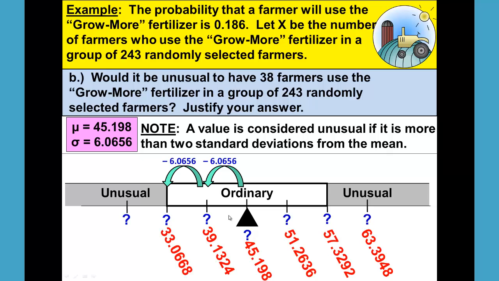Subtract the standard deviation from that number leaves us 33.0668, and a third jump by subtracting the standard deviation again leaves us 27.0012. Where does 38 fall on the number line?